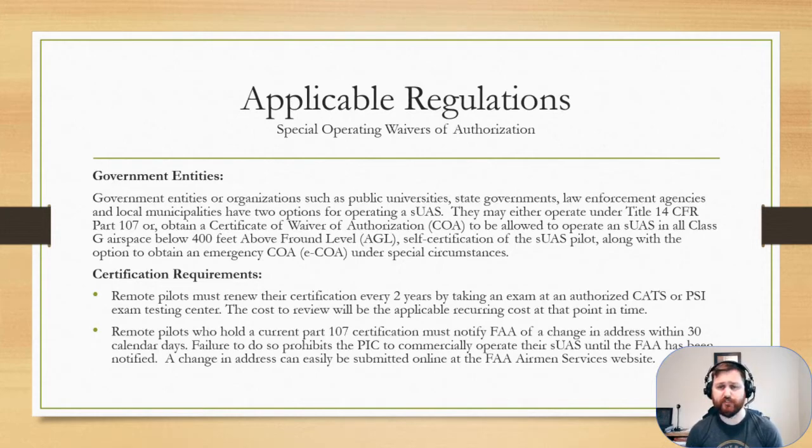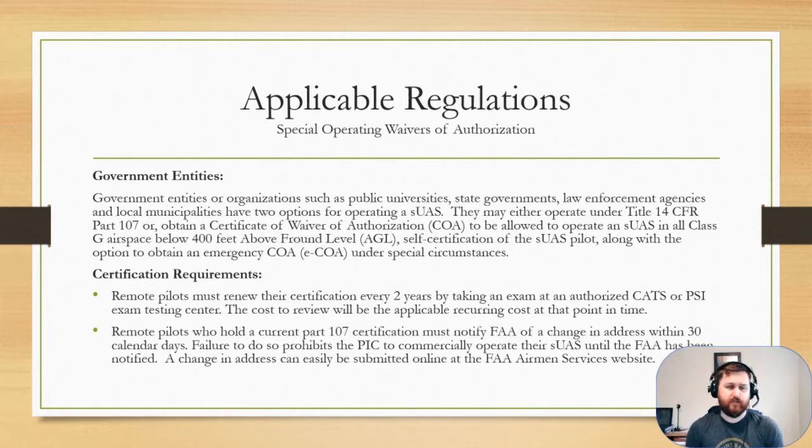So self-certification of the sUAS pilot along with the option to obtain an emergency COA under special circumstances. And again, I'll talk about the different types of airspace later in my next chapter here.